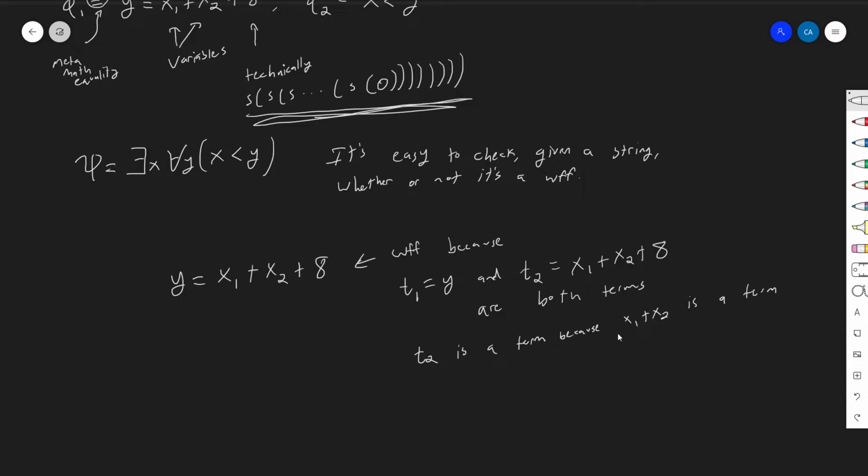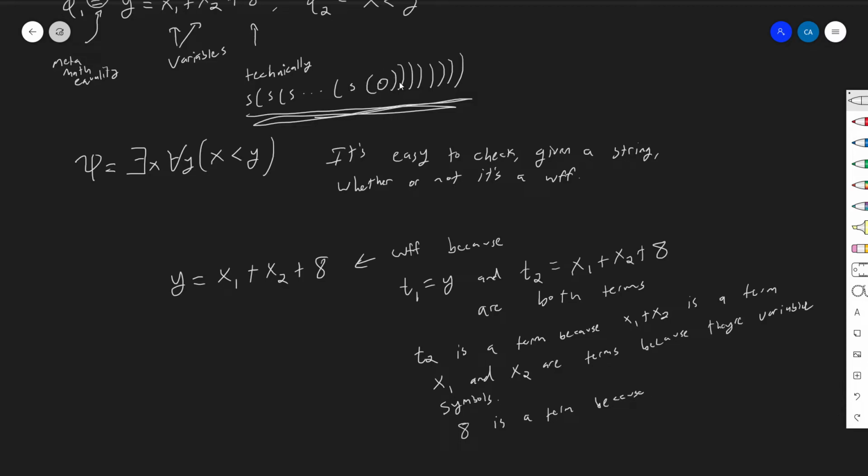Well, I'll say t2 is a term because x1 and x2 are terms. x1 and x2 are terms because they're variable symbols. And we said that any variable symbol is a term. And then 8 is a term because 0 is a term, because all the constant symbols I said are terms.